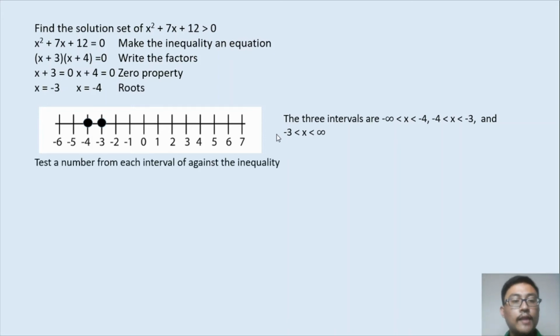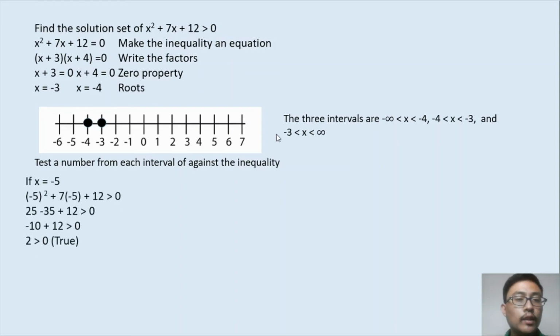So, magte-test tayo ngayon ng a number from each interval against the inequality. Ang una, dun muna tayo sa x is less than negative 4. O, pipili tayo ng isang number na less than negative 4. Say, negative 5.